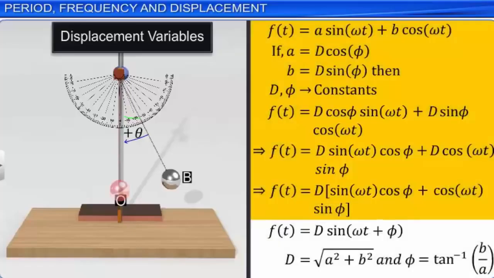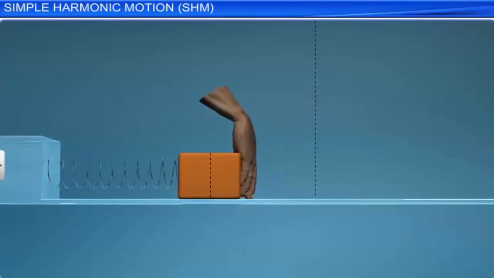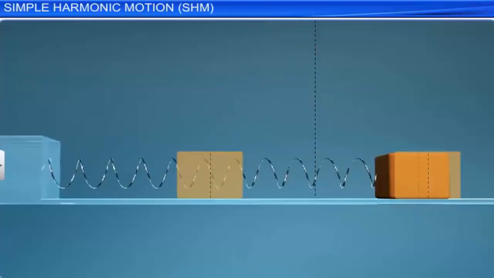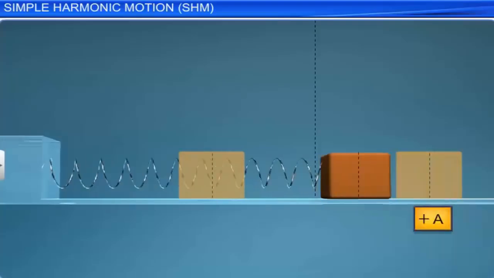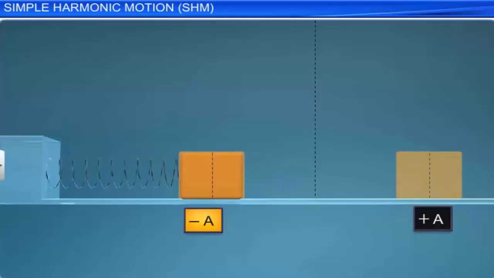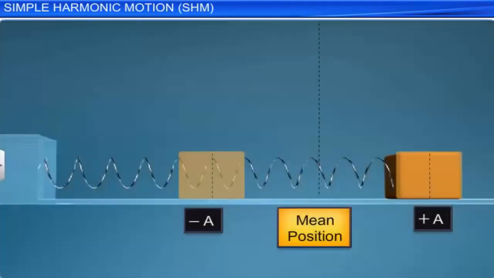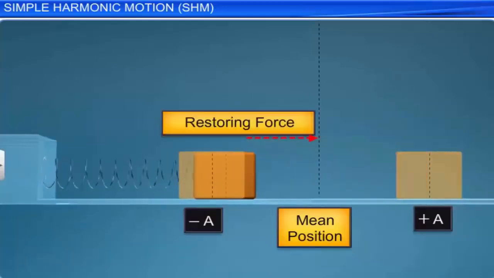Consider a body attached to a spring. When the spring is compressed and released, the body attached to it oscillates back and forth between the two extreme points, marked as +A and −A. As the body moves away from its mean position, it experiences a restoring force, which attempts to bring it back to the mean position.